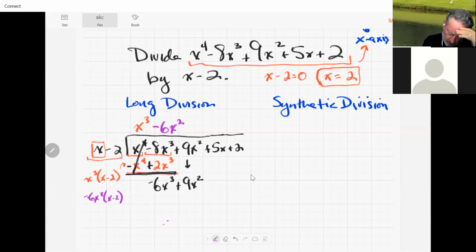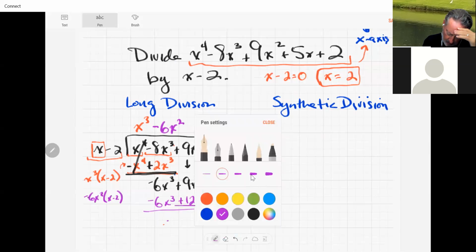That gives me negative 6x cubed, and now a positive 12x squared.